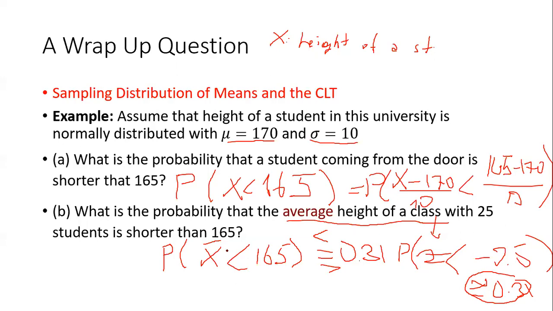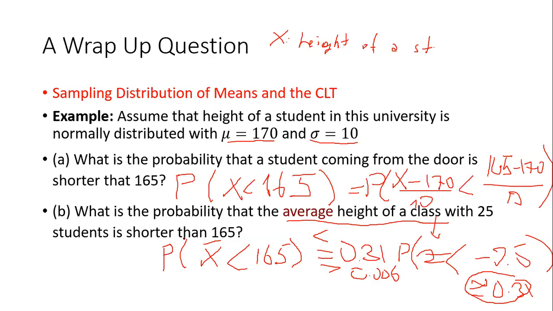It should be closer to 170, right? Because it's the average height. So this average height should be close to 170, which means the probability that X bar is smaller than 165 should be smaller than 0.31. Well, it was indeed. The result was something like 0.006, right? It is far smaller than 0.31.